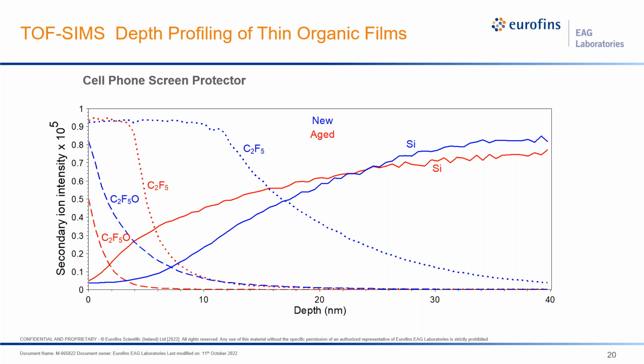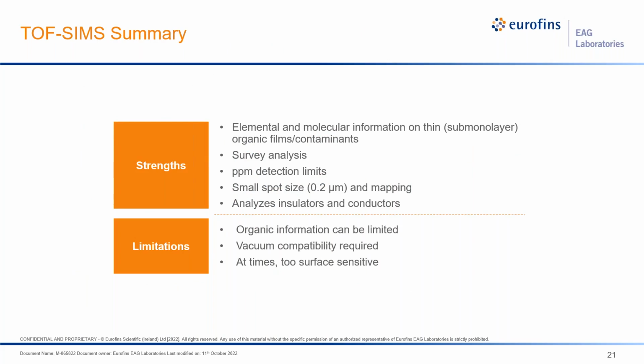This type of depth profile used to be restricted to just inorganics and primarily semiconductor materials, but now with these new cluster beams, we can do this kind of analysis on organics. So in summary, TOF-SIMS can analyze both elemental and molecular information, and it can do it on very thin contamination layers.